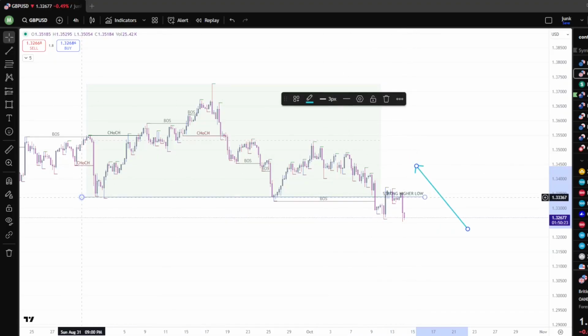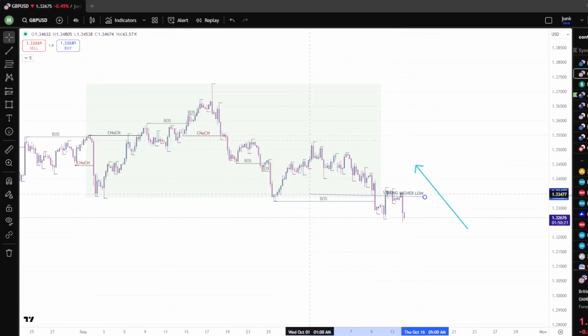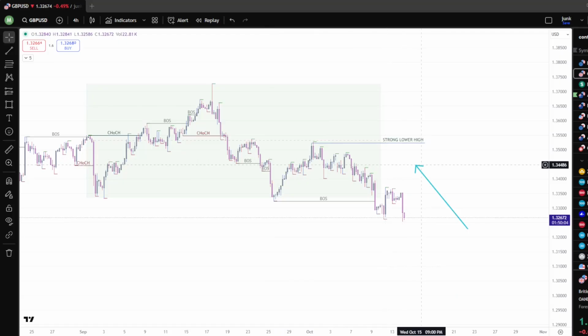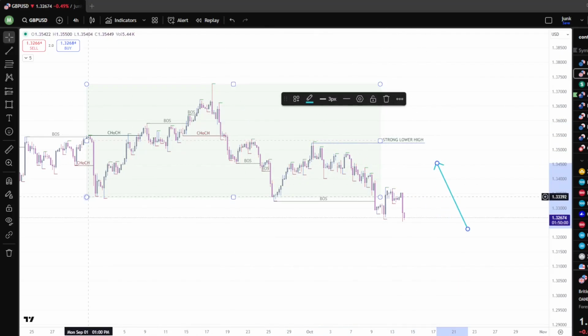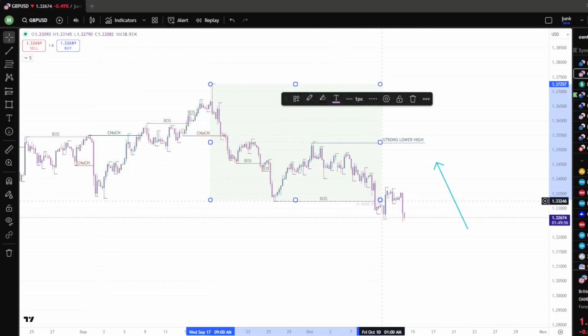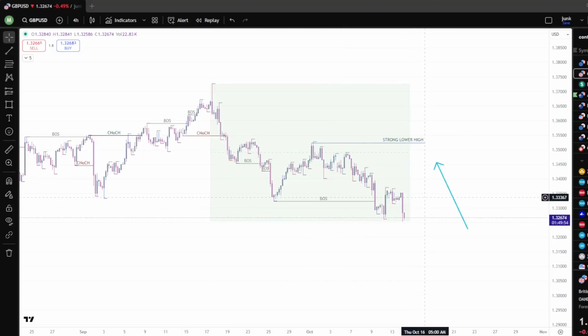On the 4-hour chart, the swing structure is bearish, with this being the lower high. And that's the lower high from these highs. Just like the Euro, you see GBP USD has been pushing out of any area of supply.